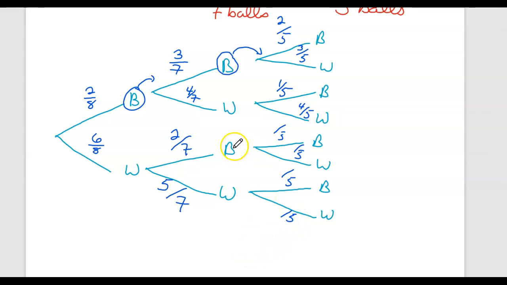Now, if I increase by 1 black, that's going to give me 2 blacks. And that'll give me 3 whites. If I increase by a white, that'll leave me with 1 black and 4 white.